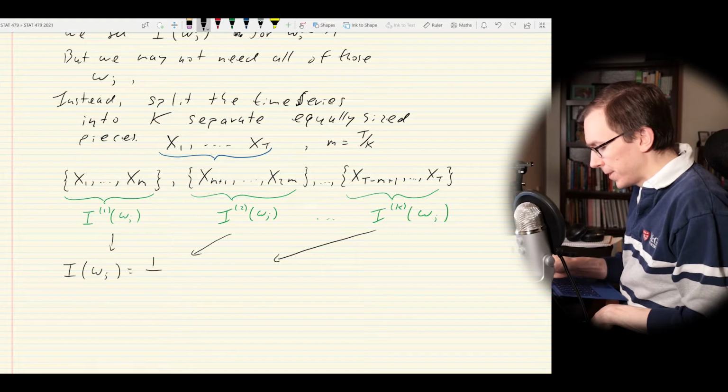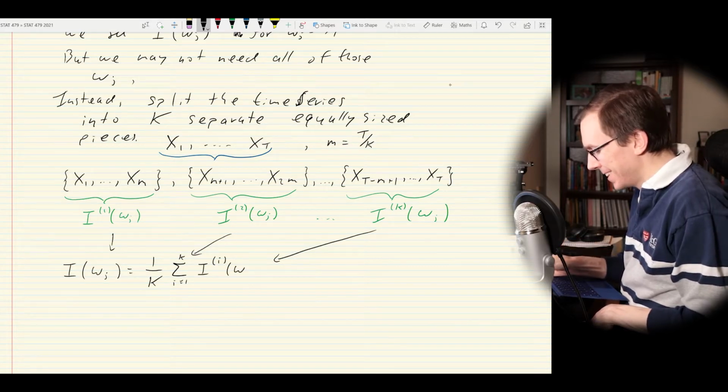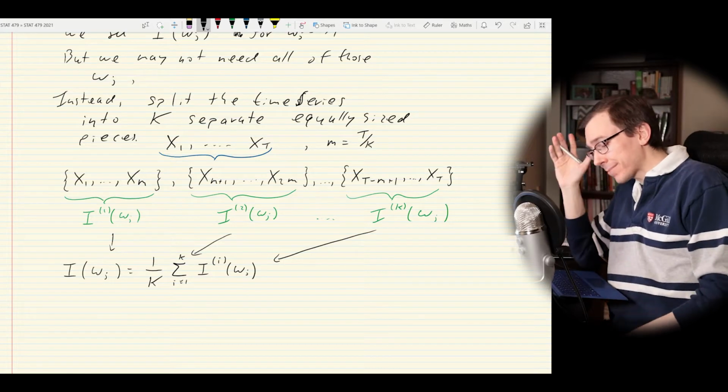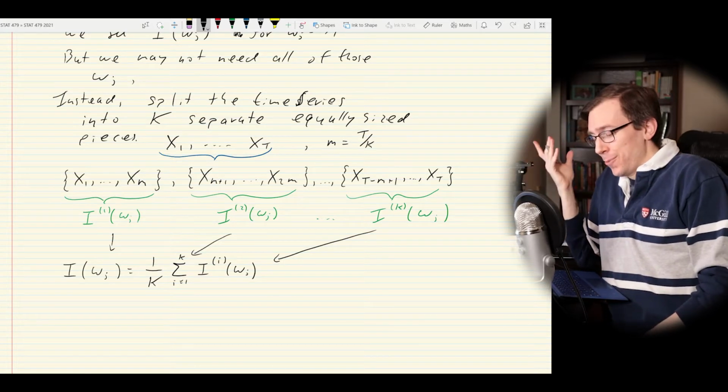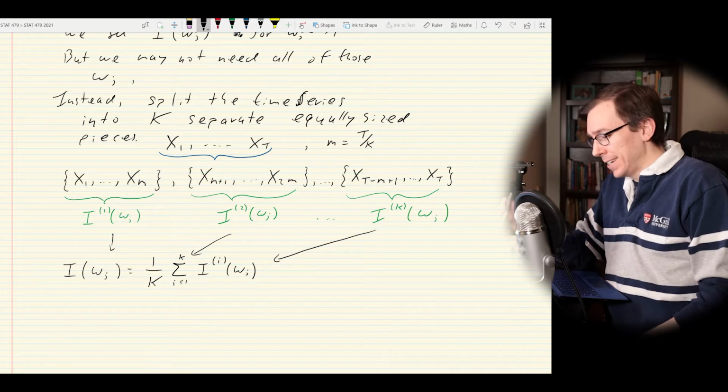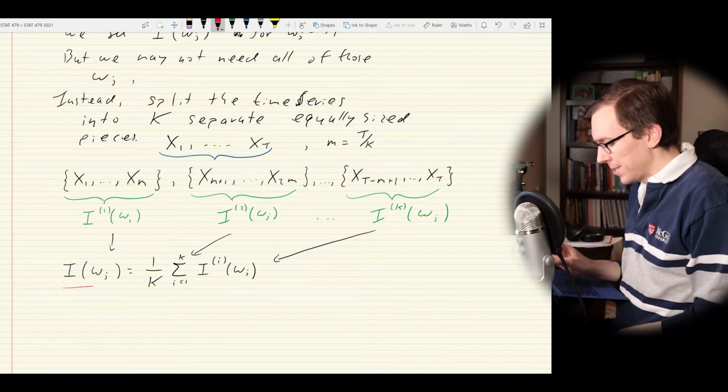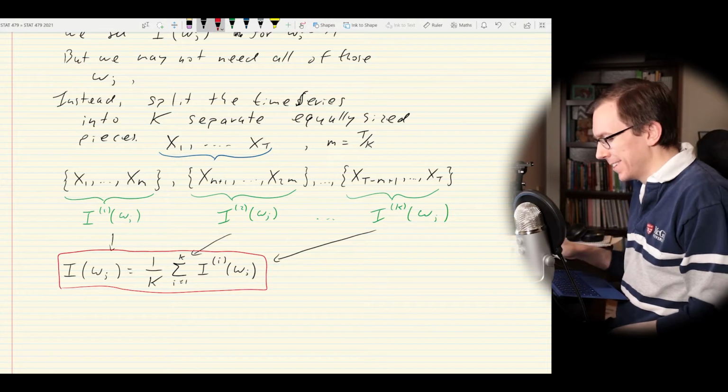There are k of these, so we average over all k of them, taking I from 1 to k of I to the i, omega j. Not the greatest notation, but it works.